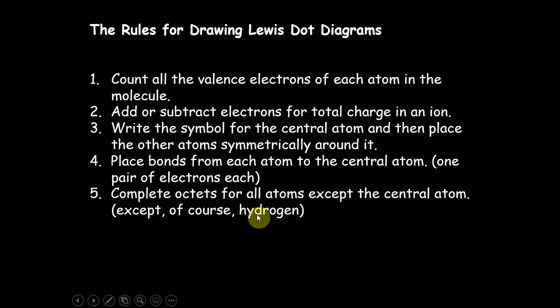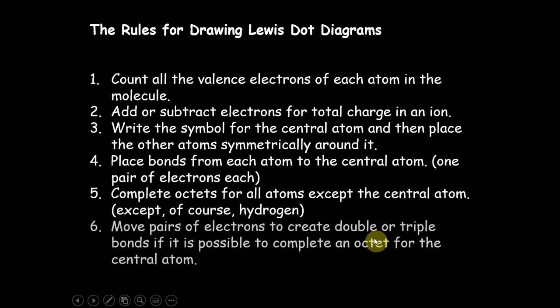And then we complete the octets for all the atoms except the central atom, unless of course it's a hydrogen. Hydrogen already has the 1 electron, so we don't need to worry about that. But for any other atom, you'll complete the octet around that atom.